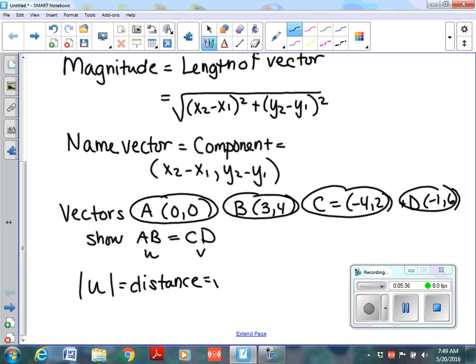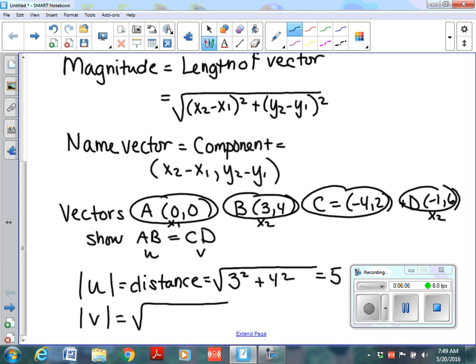All you're going to do is take the square root, and take x2 minus x1. The x2 is this one, and the x1 is this one. So 3 take away 0 is 3, and you square it. 4 take away 0 is 4, and you square it. You get 9 plus 16, which is the square root of 25, which equals 5. I'm going to do the same thing with the distance of vector v.